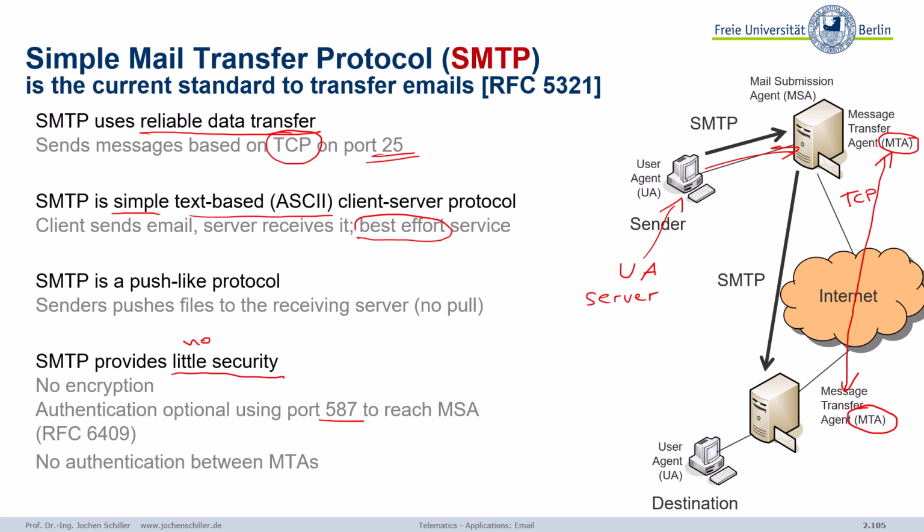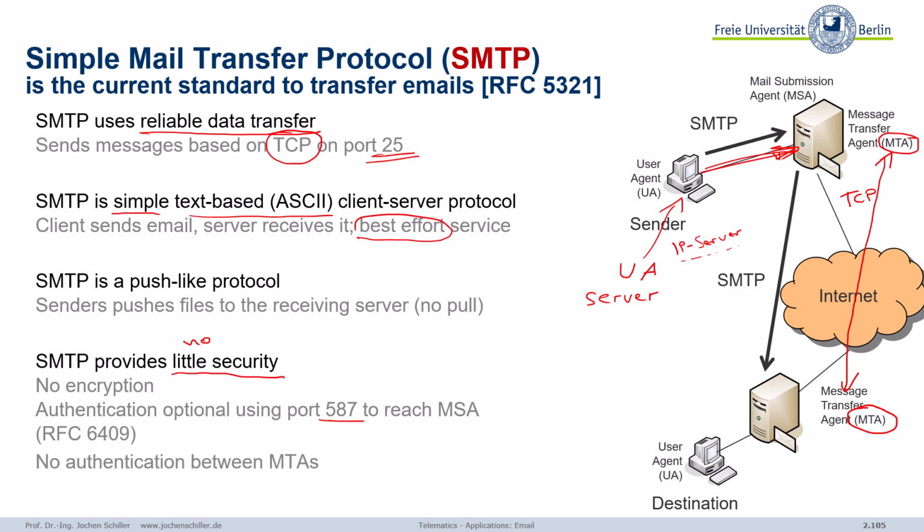Or you do this by hand by telling your user agent, well, this is the IP address of the server, etc., or the name of the server. You can even use a different port number, etc. So you set this up by hand or automatically. Then your user agent knows whom to contact.